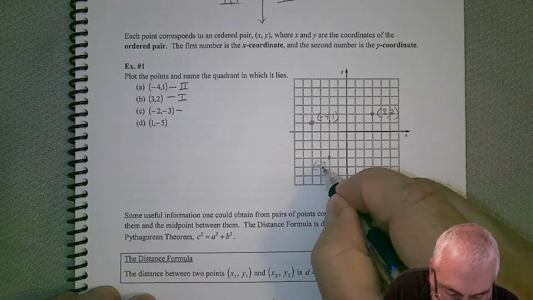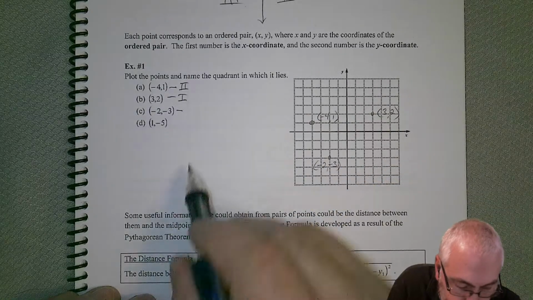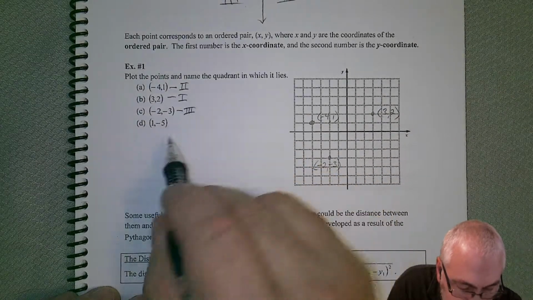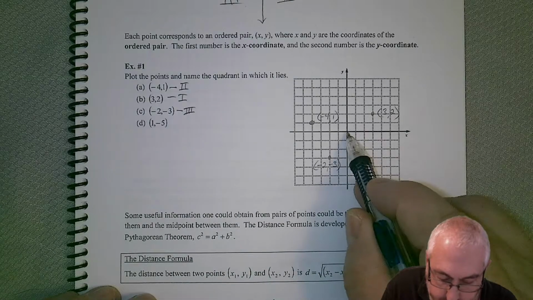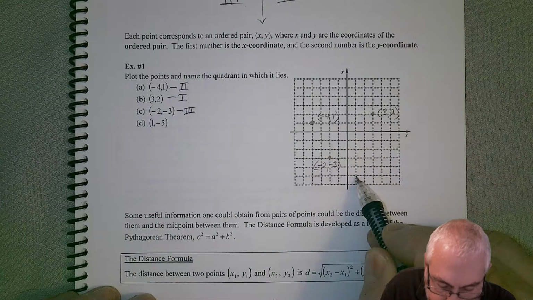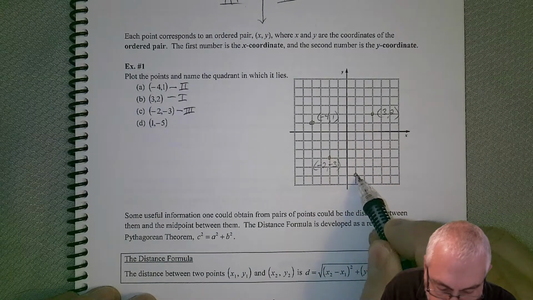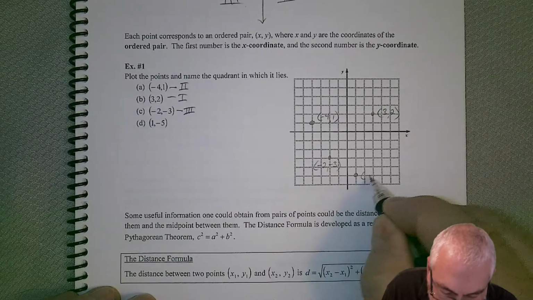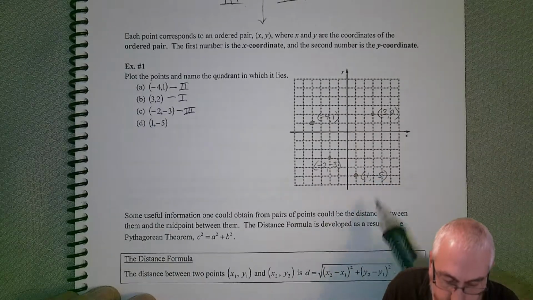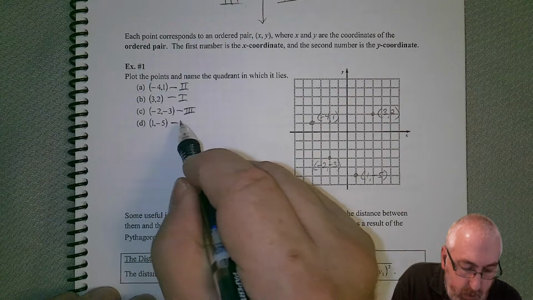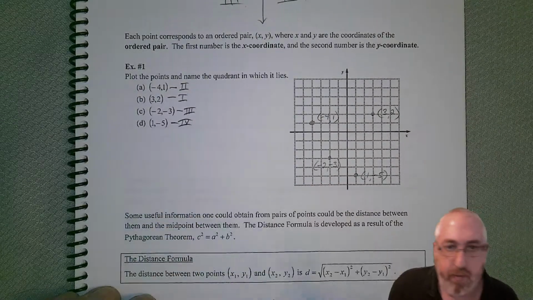And again, quick labels are always good to do. And then 1, -5, you guessed it, it's going to be in this last quadrant. So again, all this should be review.